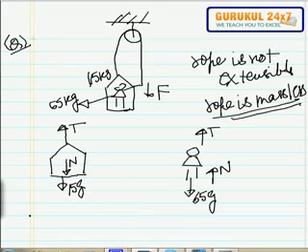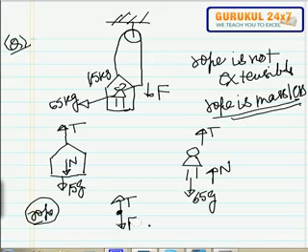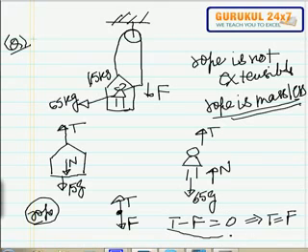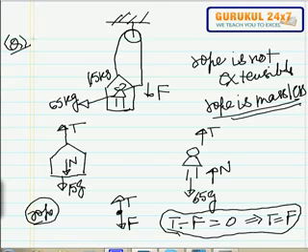Now for the rope, if we draw the free body diagram of the rope, the rope has a tension acting upwards and a force F acting downwards, but there is no mass of this rope. The rope is massless. So that should mean that T minus F equals 0, because there is no mass, or tension equals the force F. So that's why I said that we can even prove this thing, and this is only because the rope is massless.